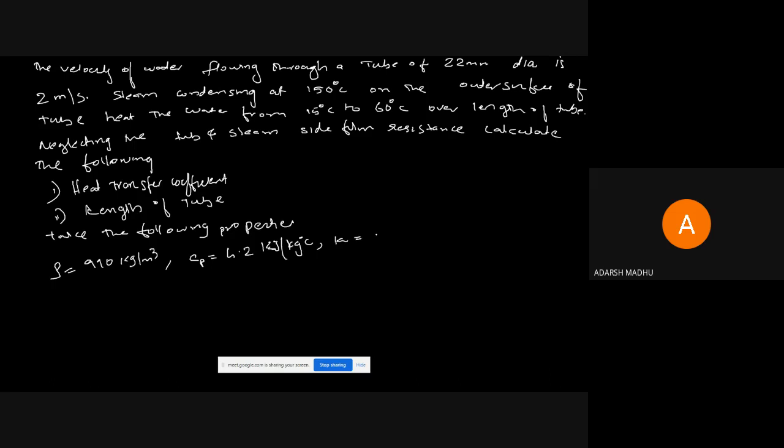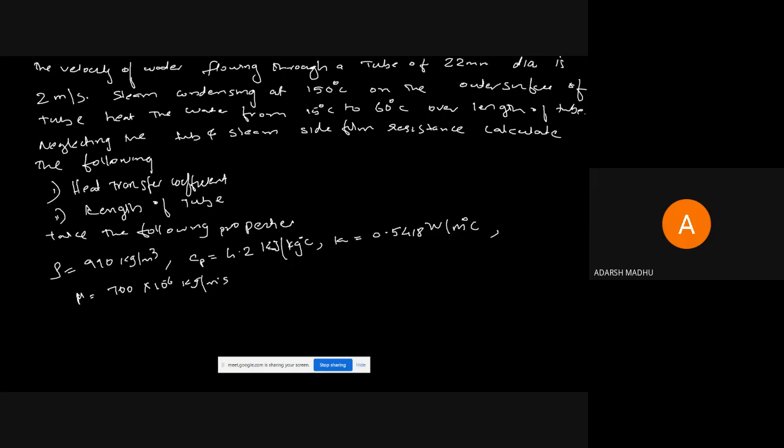K equal to thermal conductivity, K equal to 0.5418 watt per meter degree Celsius. And last one, mu equal to 700 into 10 raised to minus 6 kilogram per meter second.